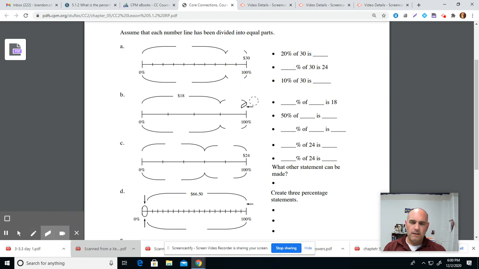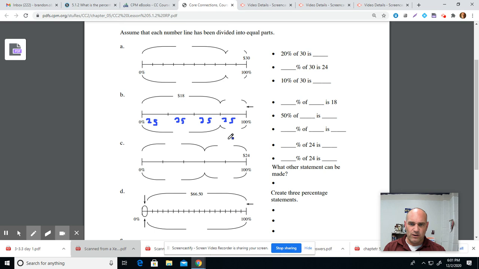So clear it. Now the next one, a little different. So we have this. So this is worth 100%, and this is broken up into 1, 2, 3, 4 pieces. All right, so 100% broken up into 4 pieces makes every chunk worth 25. So that chunk's 25, that chunk is 25, that chunk is 25, and that chunk is 25.